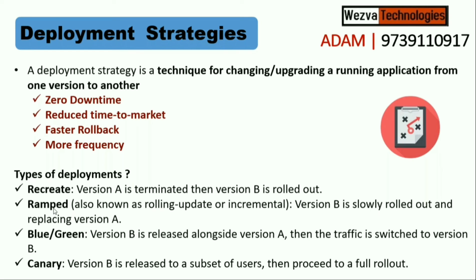So this way, if I have 5 containers running on the old image, then you will first create the first container based on the new image. And once the first new container comes up, you will delete one old one. Then you will create the next new container. So that way you are going to do it one by one. So for every new container that is successfully up, you are going to delete one old container. So that's what we call a rolling update.